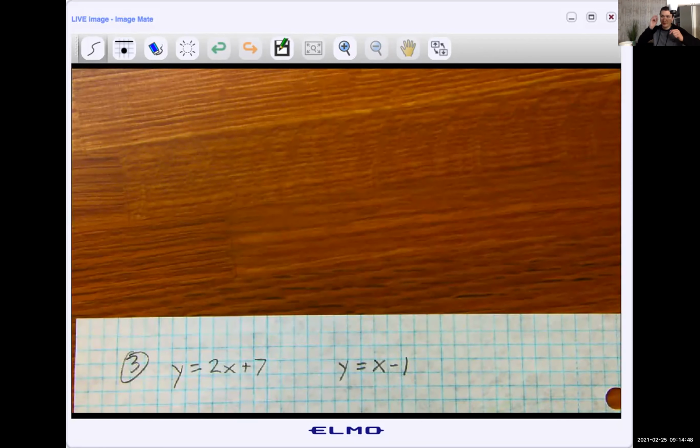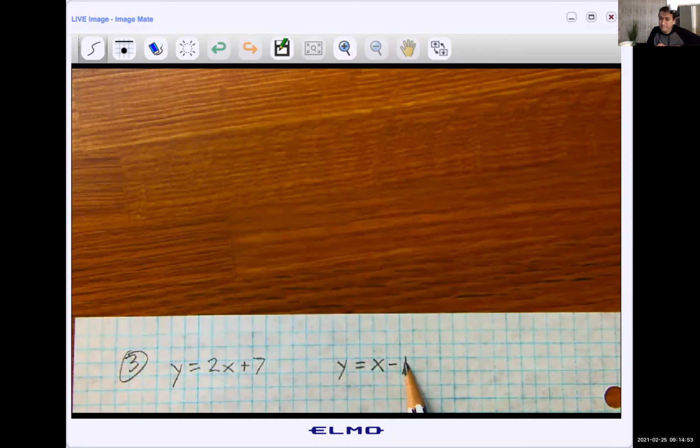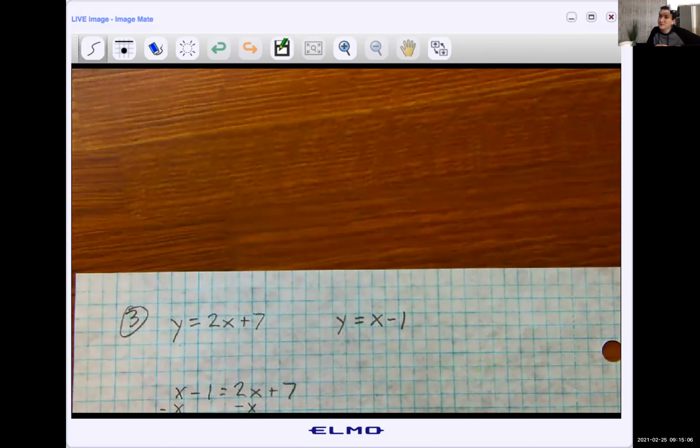All right, we can walk through this one together. So slope intercepts, right? This is kind of cool because y is all by itself over here and it's all by itself over here. So when you solve this, you can just set them equal like this.